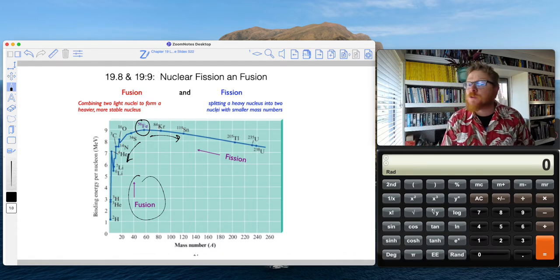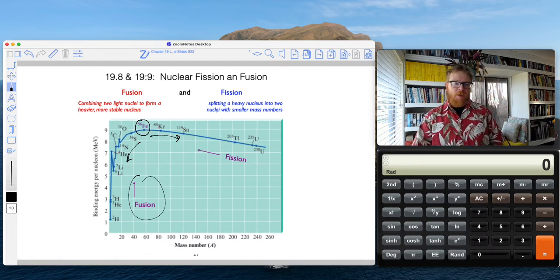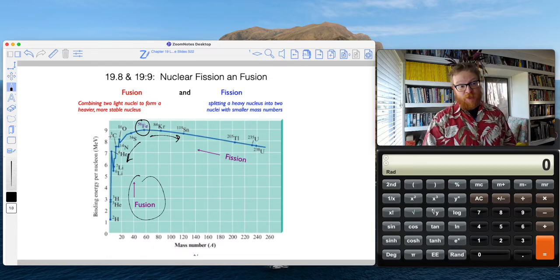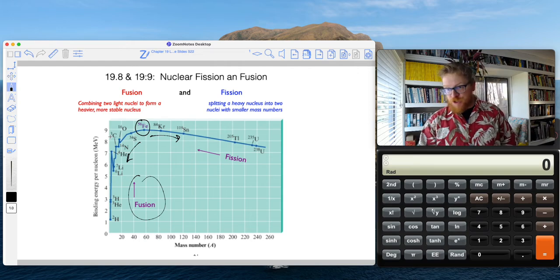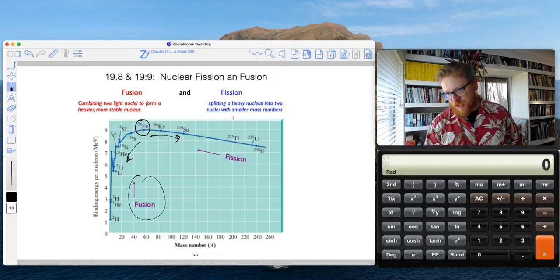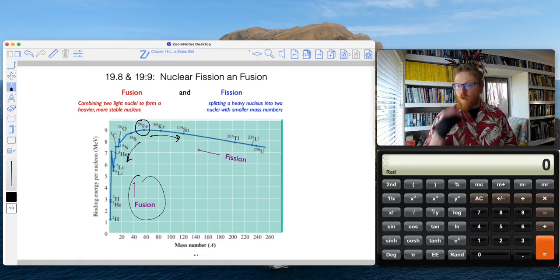We've predominantly used fission to create energy in this world, but there's a lot of really promising research on using fusion, which is far less dangerous and toxic than fission. I'm not going to spend a whole lot of time talking about the atomic bombs, but those are all from fission of plutonium.